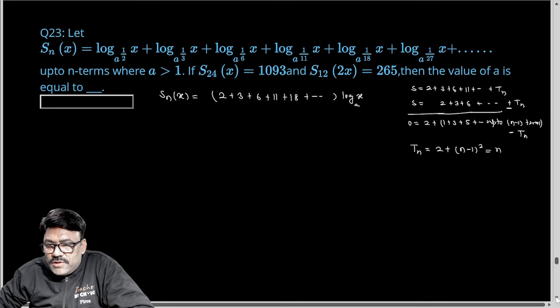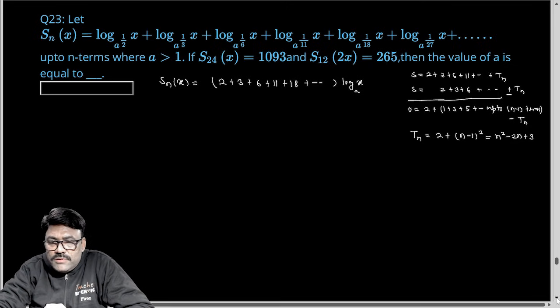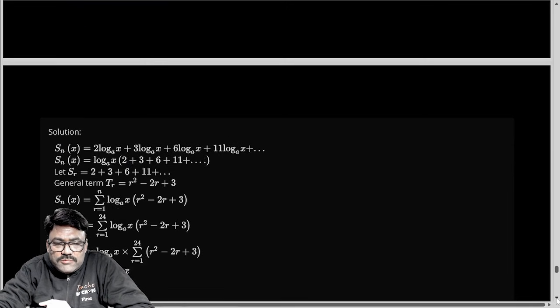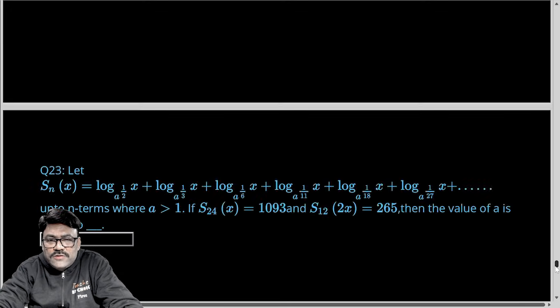Its nth term is basically n square minus 2n plus 1 plus 3. The nth term is n square minus 2n plus 3. If I get the nth term of this sequence, yes, it is r square minus 2r plus 3, so I will get n square minus 2n plus 3.